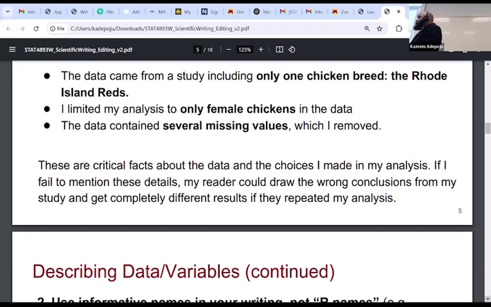And if a reader decided to repeat your analysis, it's not likely going to have the same results. You're actually going to have issues with repeatability, reproducibility. Where research is not reproducible, the result from such research is not binding, is not valid.